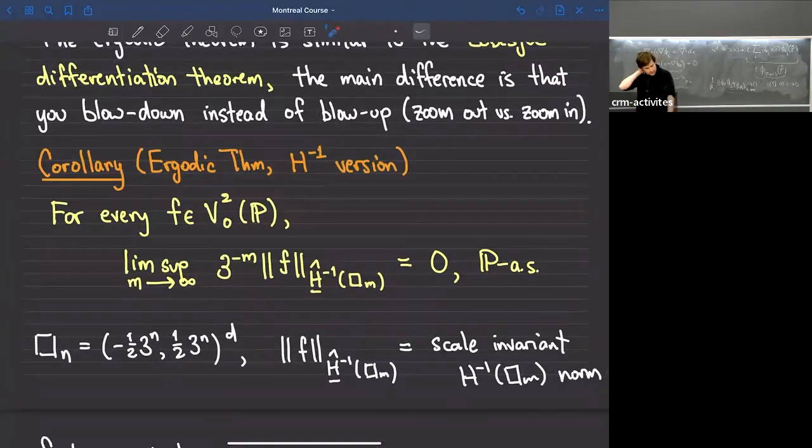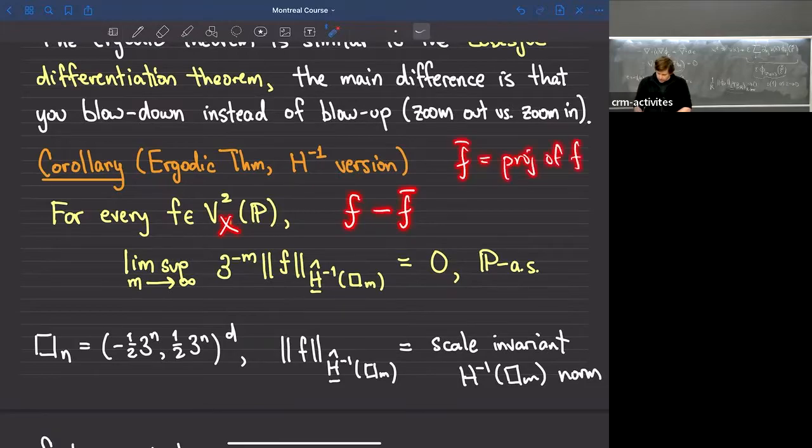It says that, here I'll specialize to f being in V2. If you look at guys in V2, and you subtract the invariant ones. So if you're in V0, if you're not in here, then you just look at f minus f bar, where f bar is the projection of f onto V2 invariant.